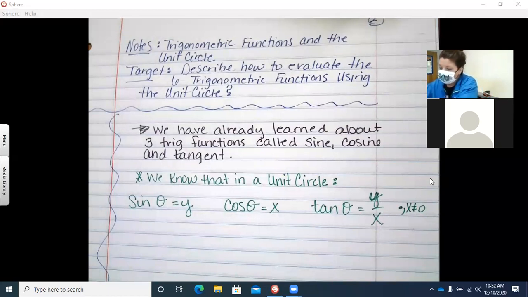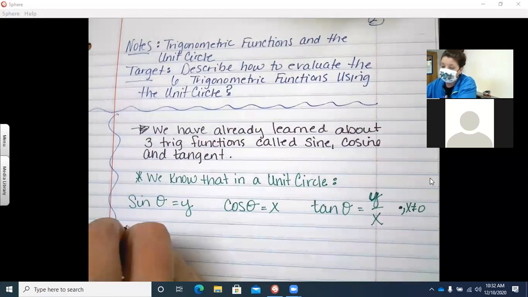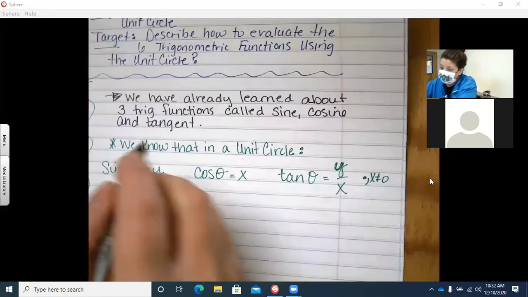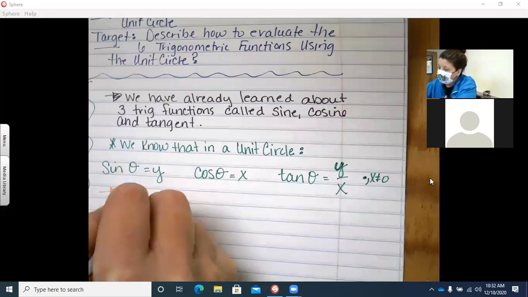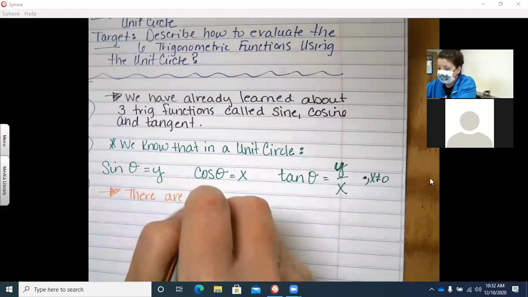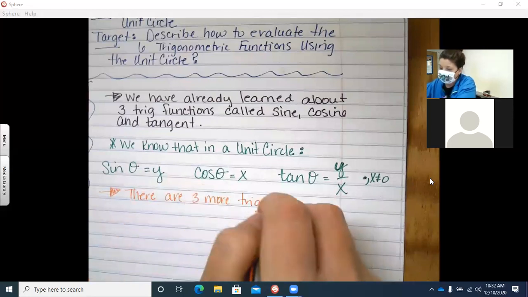Do you know what their names are? In the calculator, that's what it looks like, yes. But they actually have official names, like we have names for sine, cosine, tangent. So there are 3 more trig functions that we need to be aware of.